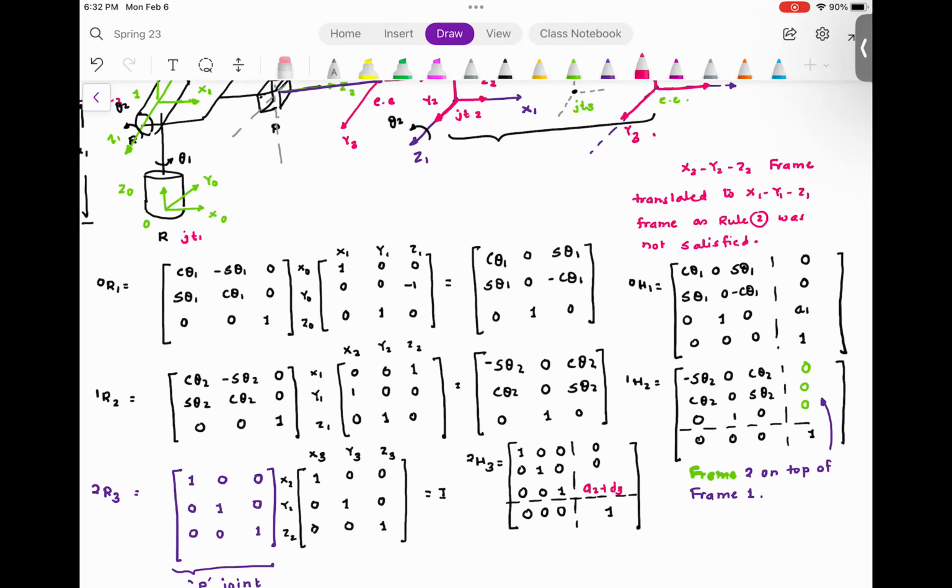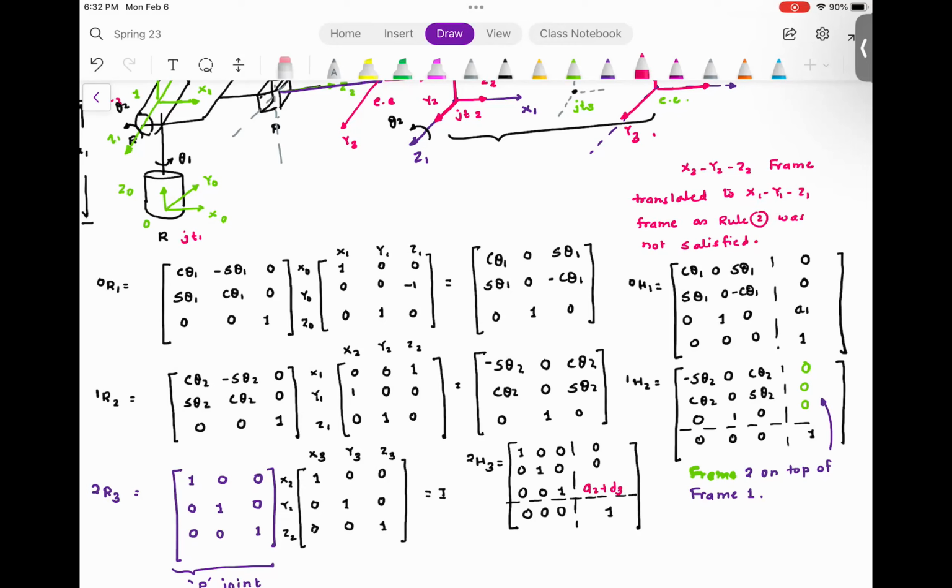So when you have the rotation, you have the rotation matrix between frame 2 and frame 1, which means frame 2 is on top of frame 1, but there is a relative rotation which is given as theta 2.